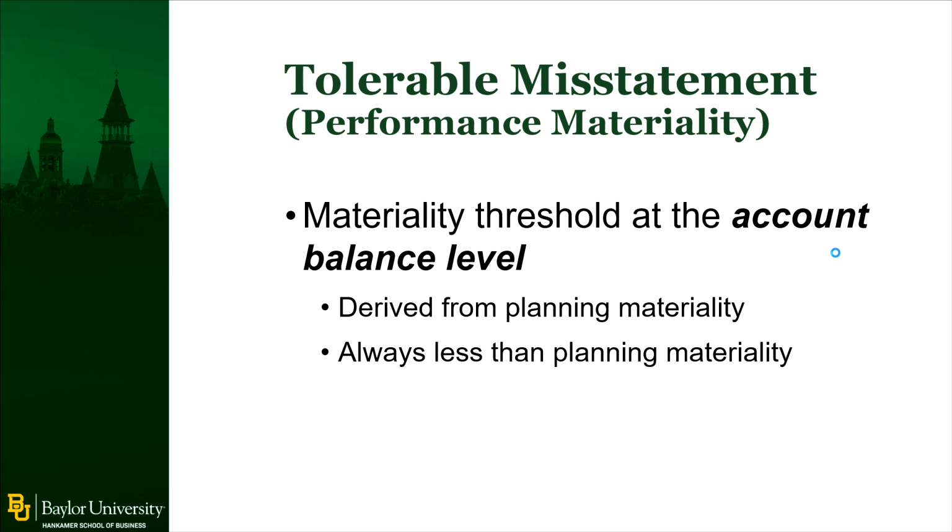So I have to set my planned level of testing to be something that allows me to effectively audit, but also be efficient about my auditing and collect sufficient appropriate audit evidence. So the goal is to get it into that sweet spot that's going to detect misstatements if they're there, but not do too much work. Because again, we're only engaged to provide reasonable assurance. So we've got to find that sweet spot.